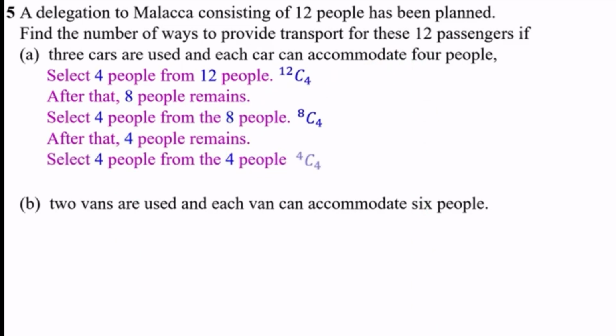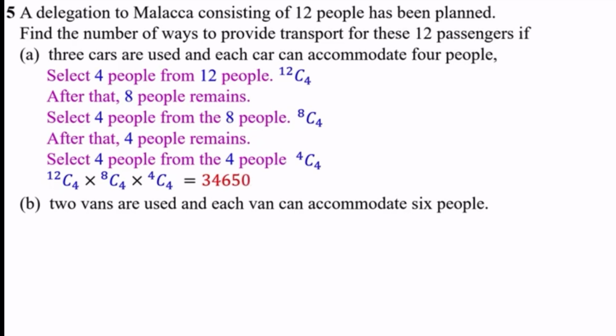Because we are selecting one followed by another, we have to multiply 12C4 times 8C4 times 4C4. So the number of ways is 34,650 ways for question A.